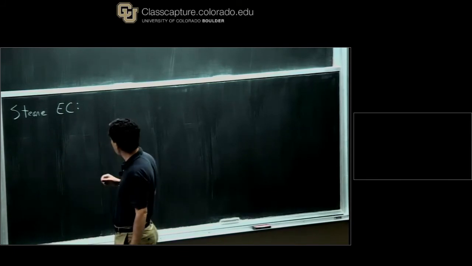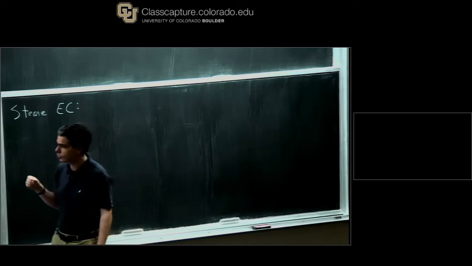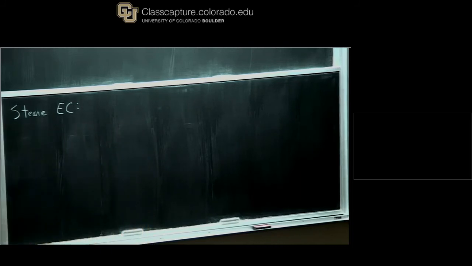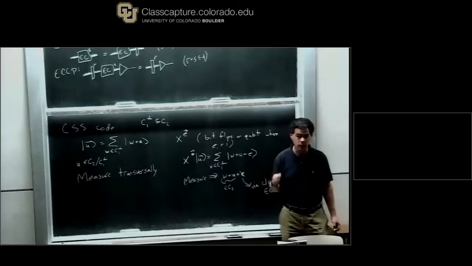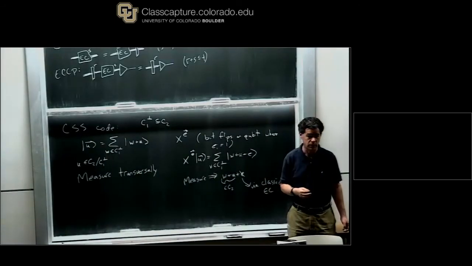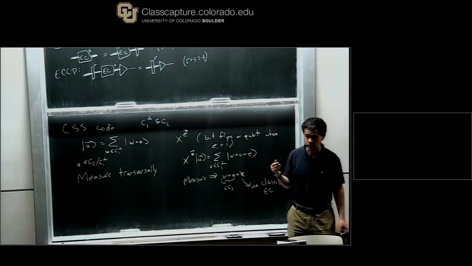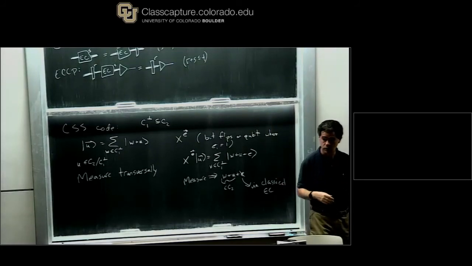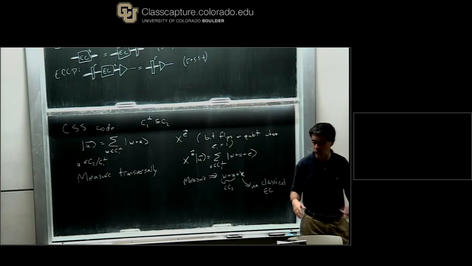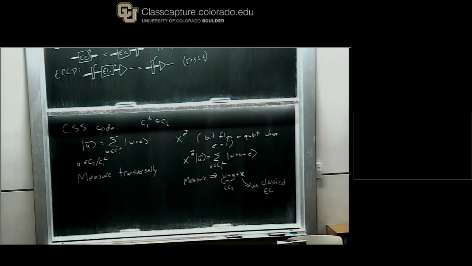Suppose instead of doing a destructive measurement like this, we want to do a non-destructive measurement. I didn't write down for you what the fault-tolerant gadget properties for that would be, but you can still imagine coming up with a fault-tolerant procedure.